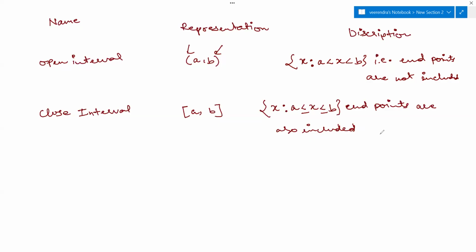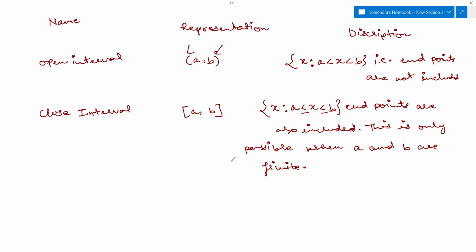This is only possible when A and B are finite. Means A and B should not be infinite. Okay. If A and B are infinite, then we have to put open bracket.